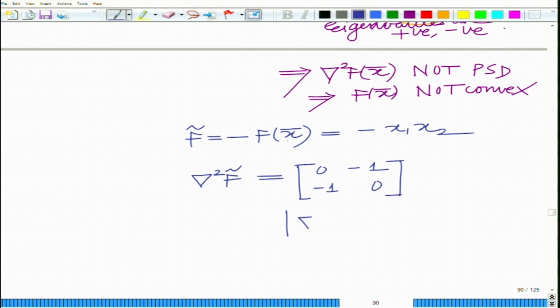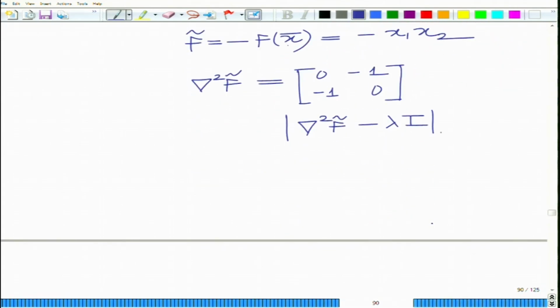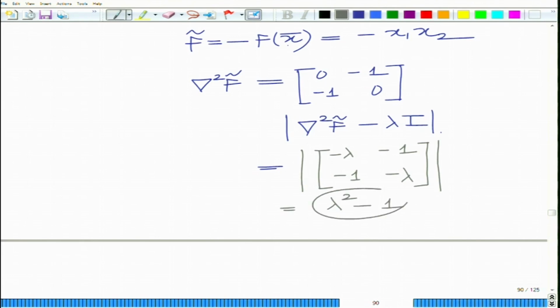Now, again check the eigenvalues, the determinant of the Hessian minus lambda I. This will be the determinant of minus lambda minus 1 minus 1 minus lambda, which equals once again lambda square minus 1, and once again lambda square minus 1 equals 0, implies lambda equals plus or minus 1.